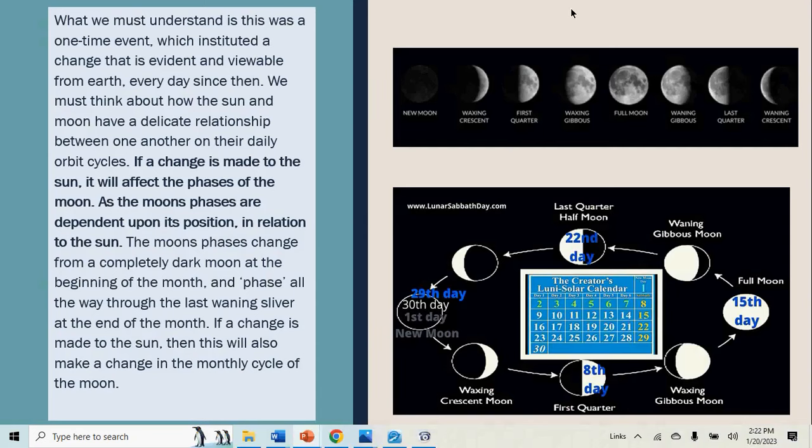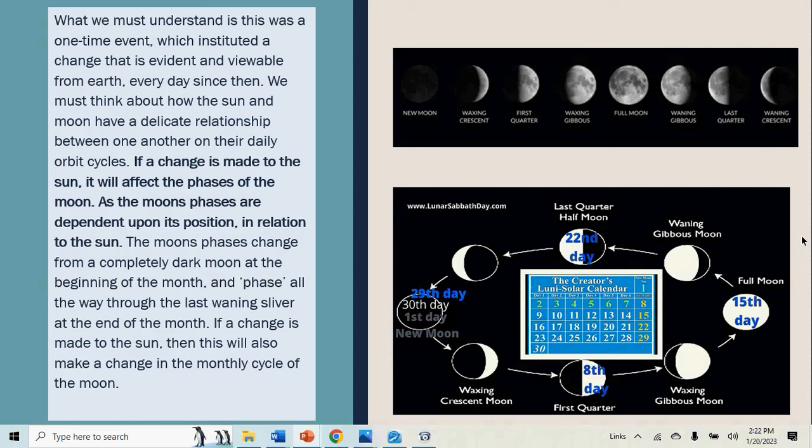What we must understand is this was a one-time event which instituted a change that is evident and viewable from the earth. Every day since then, we must think about how the sun and moon have a delicate relationship between one another on their daily orbit cycles.